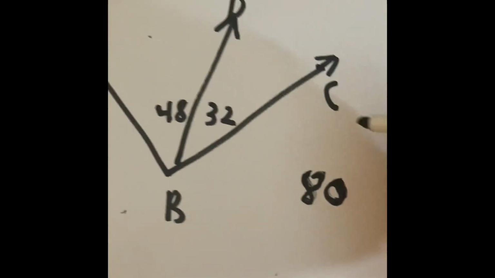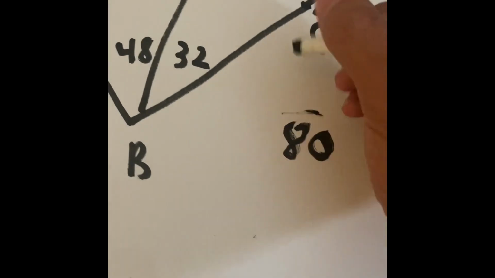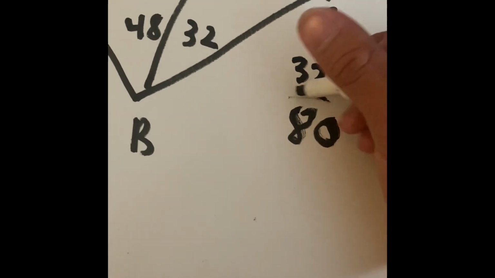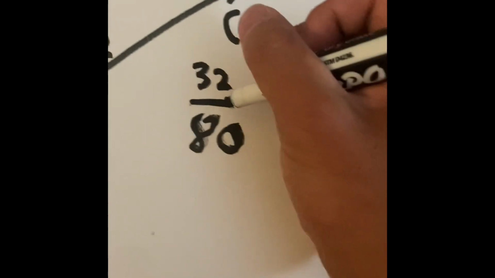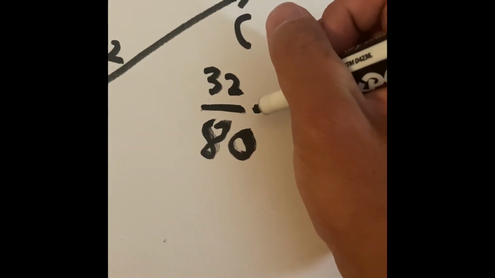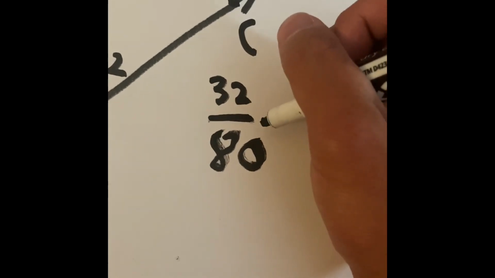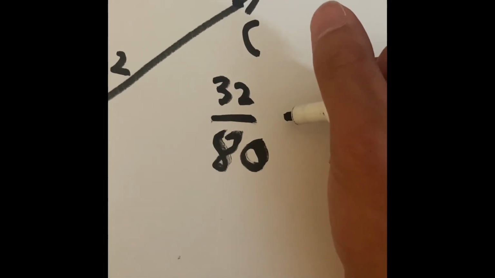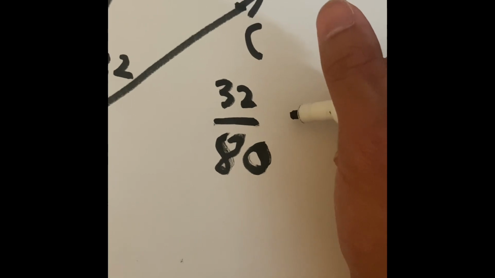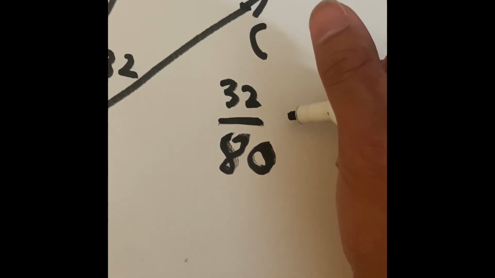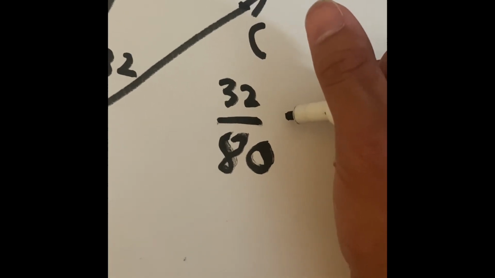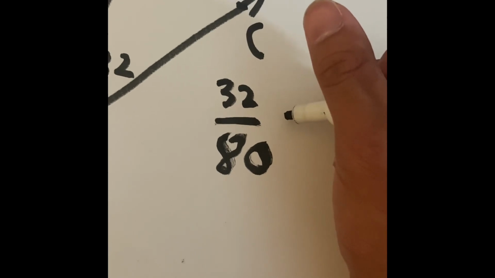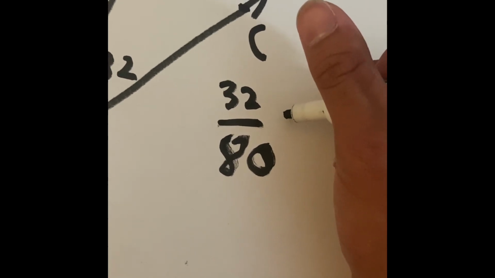We can turn this into a fraction of 32 over 80. That is not simplified yet. Your math teacher is not going to put a really good grade on your test if you never simplify your answers.